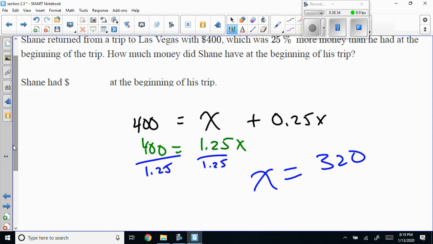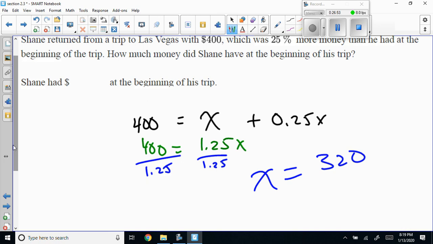That's why you can say if it's a 7% sales tax, 1.07. Same thing here. The original, which is 1, that's 100%, plus a 25% growth, correct? 400 divided by 1.25. All right, so 320.